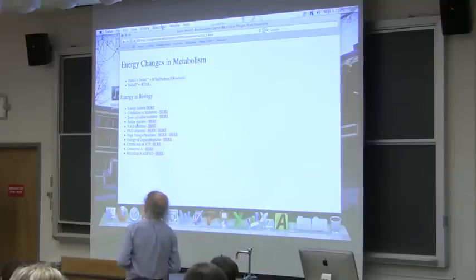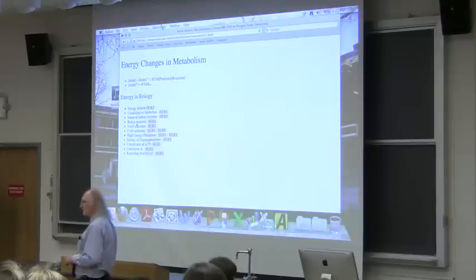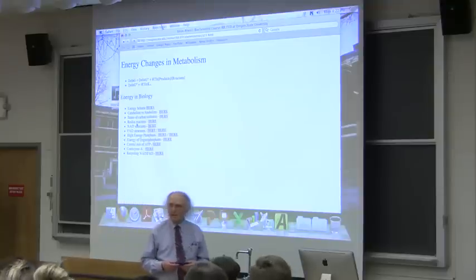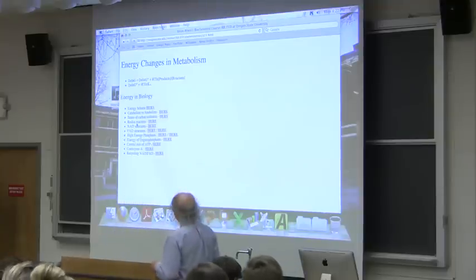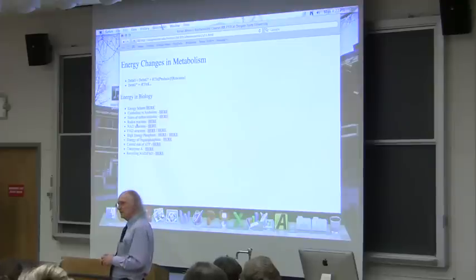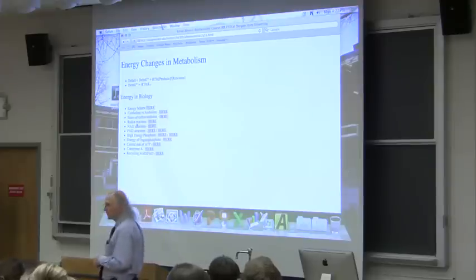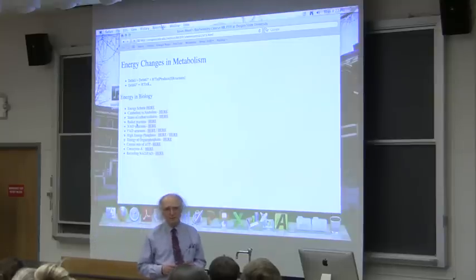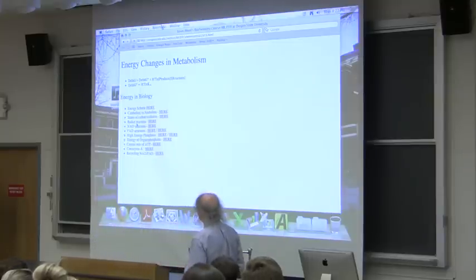In Henderson-Hasselbalch type equations, pH was something that varied depending upon proton concentration, right? In energy equations, delta G is something that varies depending upon the concentration of things that we use, very much like the pH was with respect to proton concentration.